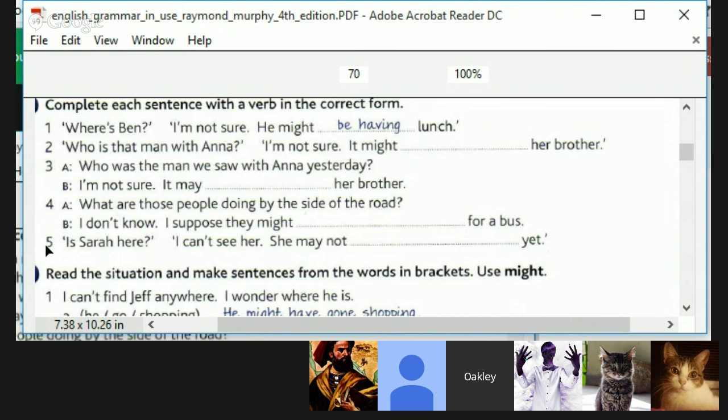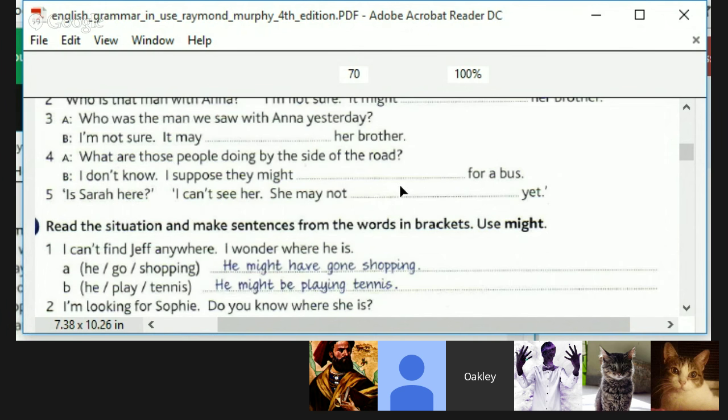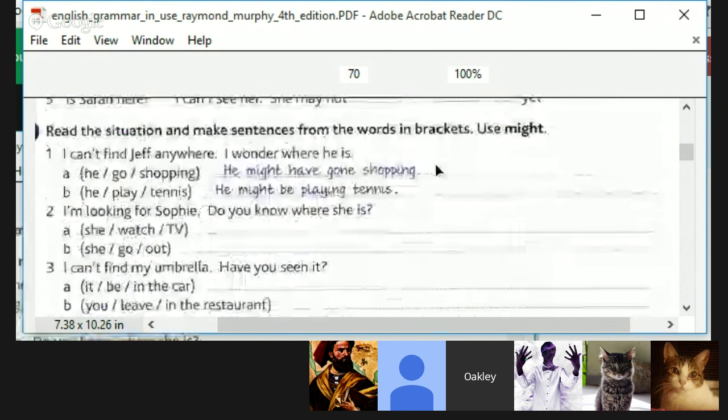Very good. All right. It does say may not, but may not, might not, interchangeable. Doesn't matter really. She may not be here yet, or you might say she may not be in yet. Okay, either one, but here's perfectly correct.